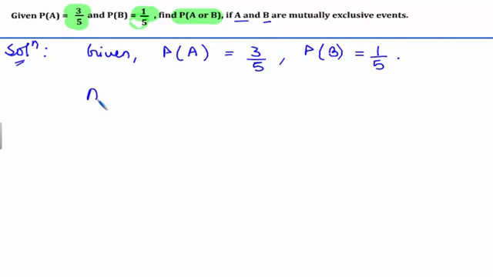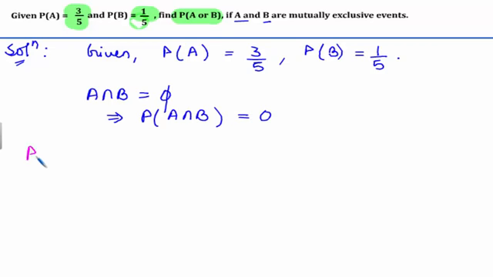This implies that A intersection B is an empty set. That is, A and B are two disjoint sets. This implies that probability of A intersection B is 0.